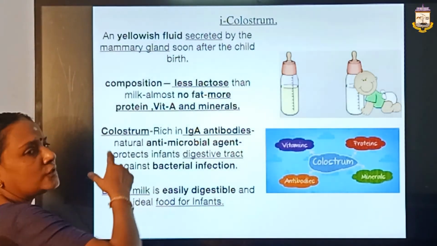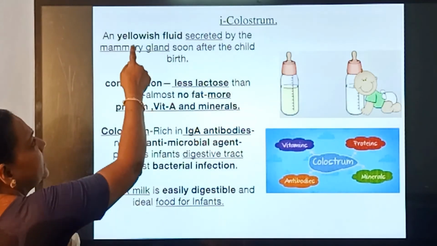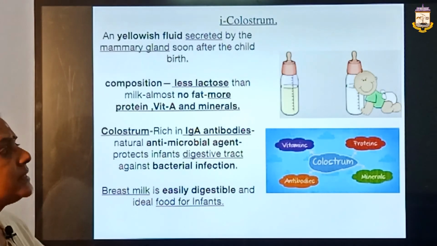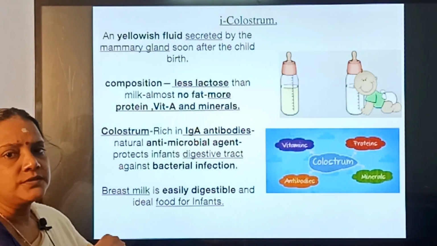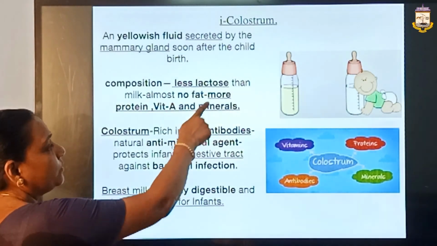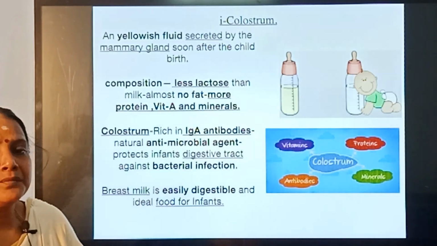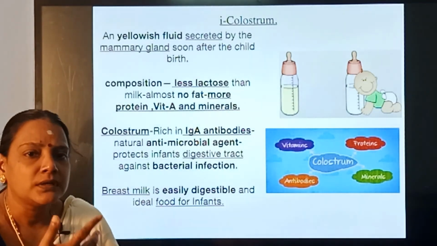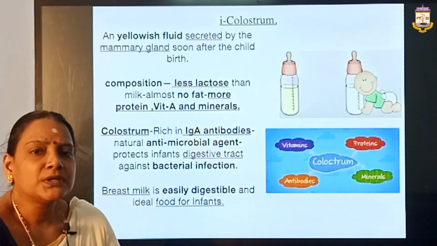Actually it is not a milk in white color. This is a yellowish fluid secreted by the mammary gland soon after the birth. Its composition is less lactose and no fat, but more protein, vitamin A and minerals. That is why the doctors advise that you must give the colostrum soon after the birth of the baby.